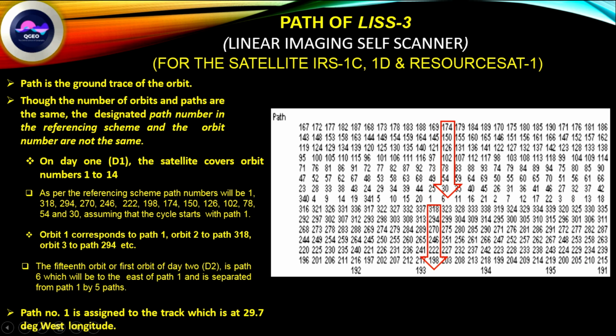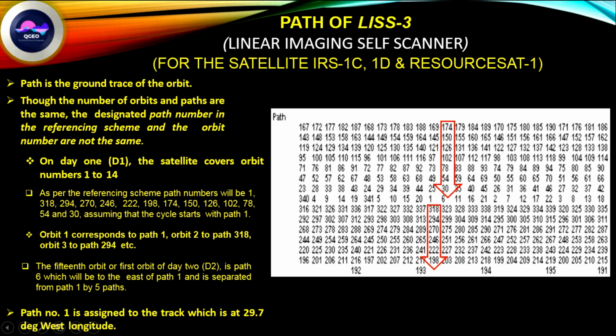Here the path number will be 1, and then 318, 294, 270, 246, 222, 198, 174, 150, 126, 102, 78, 54 and 30. Here the path is complete.